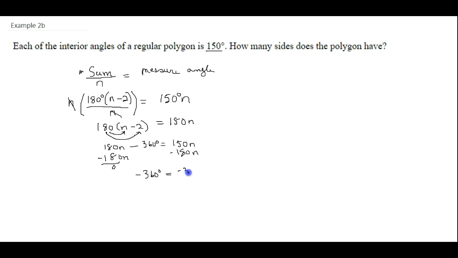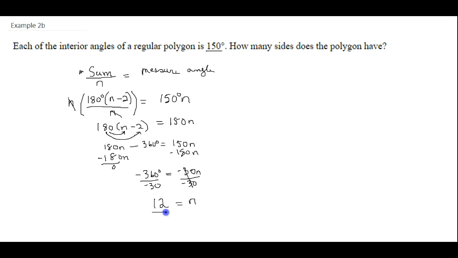That's negative 30n. Now we can just divide both sides by negative 30. Negative 30 divided by negative 30 gives us 1, so we have 1n. And negative 360 divided by negative 30 gives us 12.